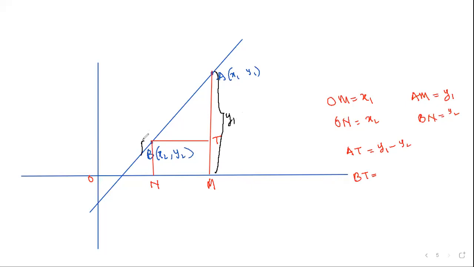From here till here, it is y2. So what will be this height? AT is y1 minus y2. In the same way, BT will be x2 minus x1. Sorry, x1 minus x2. It doesn't matter much. x1 minus x2. Any doubt in this part?